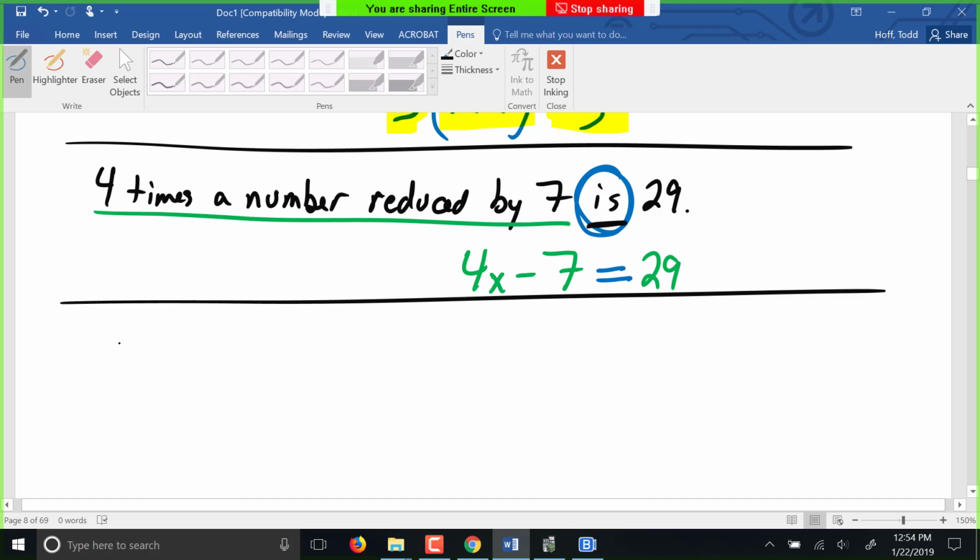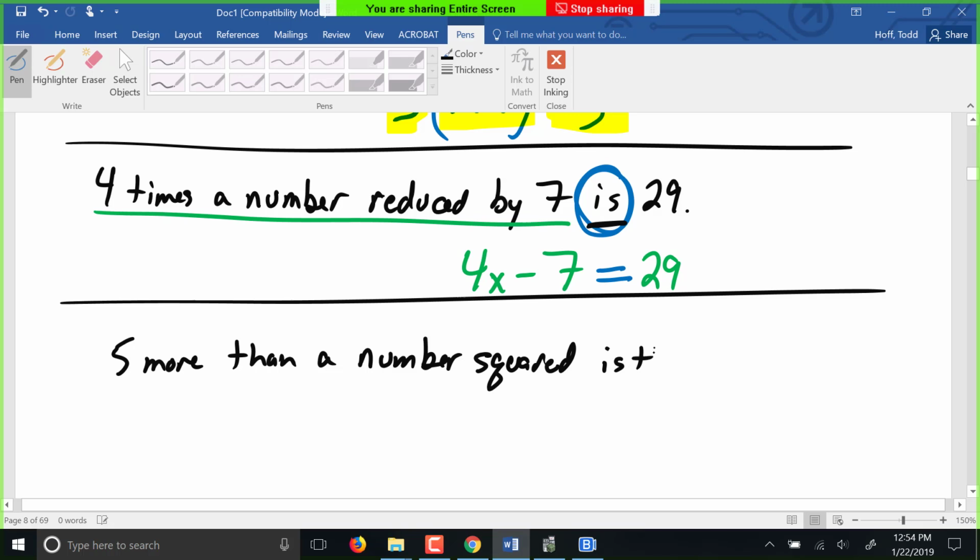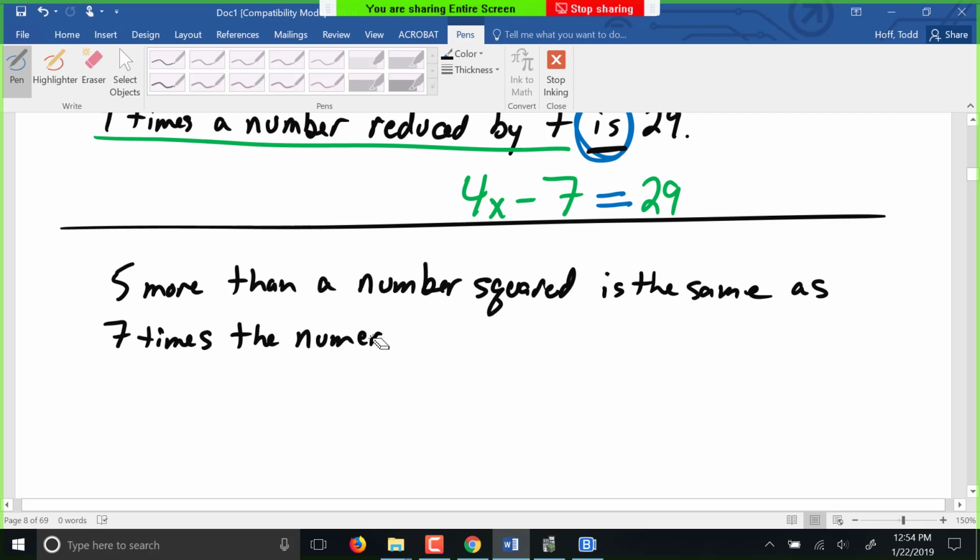We might have 5 more than a number squared is the same as 7 times the number reduced by 5.